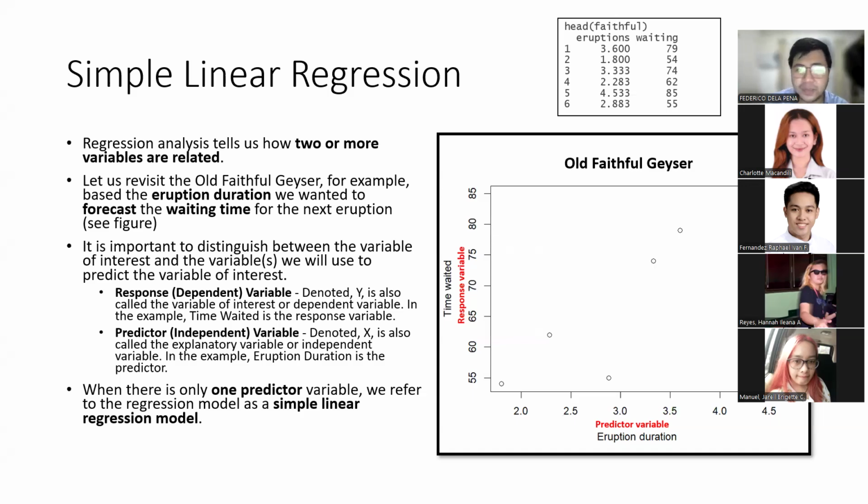And let's start with some definitions. A regression analysis will tell you how two or more variables are related. And let's revisit the Old Faithful geyser back in the covariance lecture. Let's say you wanted to forecast the waiting time for the next eruption based on the duration of the eruption, right?